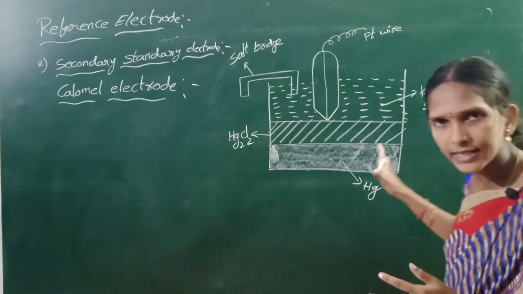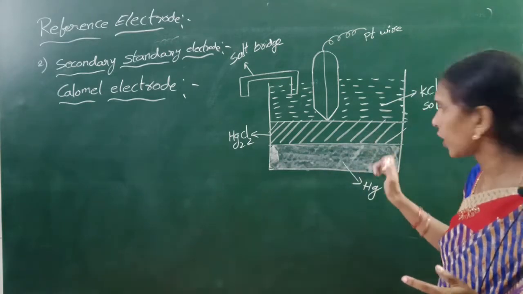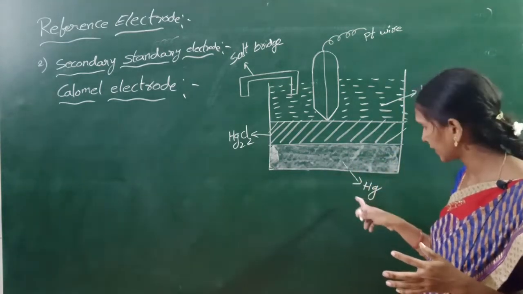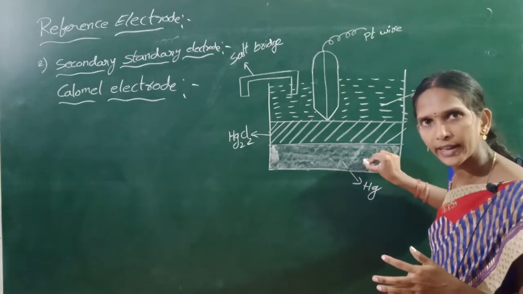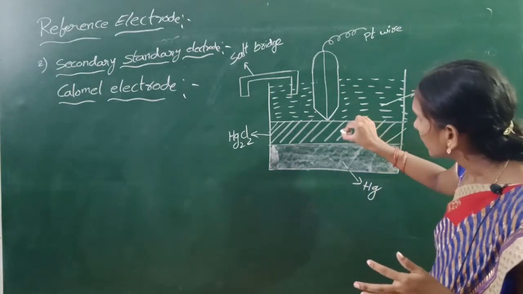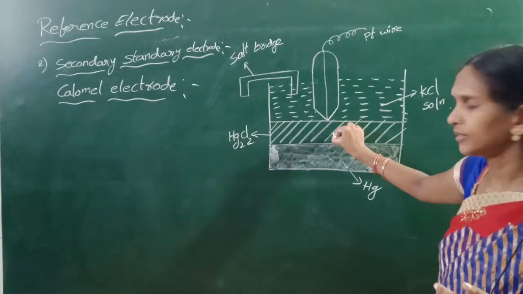It consists of a metal, that is mercury, and a salt of the same metal.